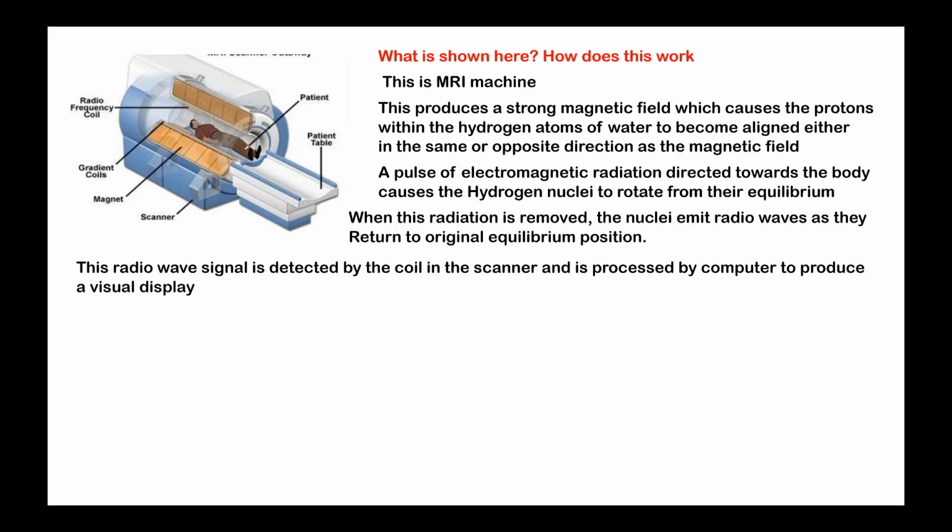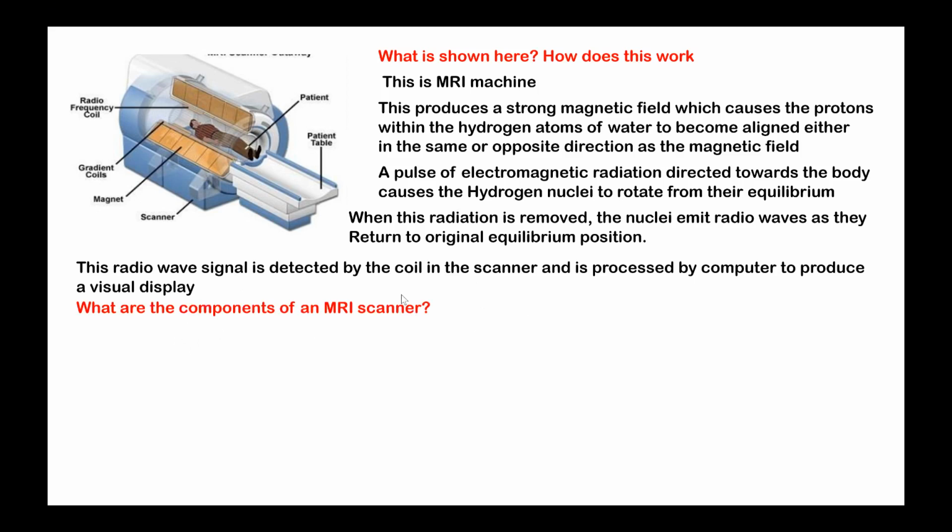Then you remove that radiation, and they go back to their original alignment. During that time, a signal is produced that is detected by a coil, and then it is processed in the computer to produce the visual display.